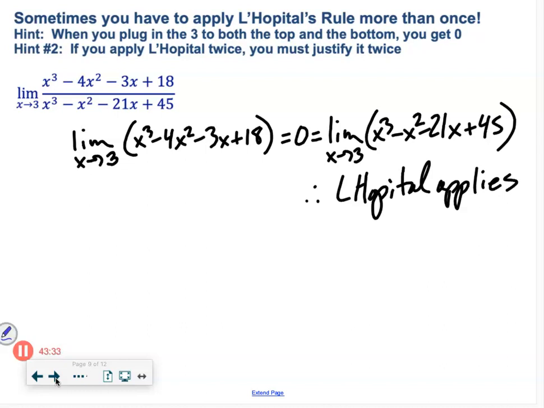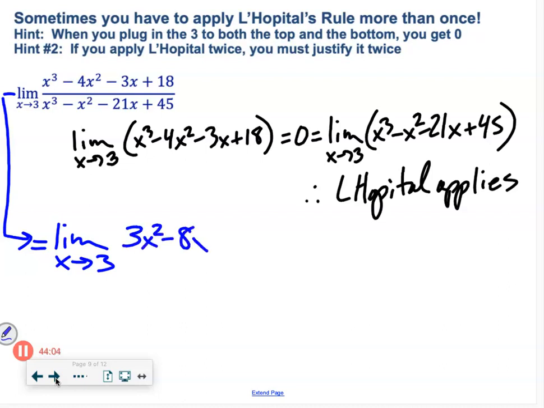Everyone have their justification written? All right. What's the derivative of the top? 3x squared minus 8x minus 3.